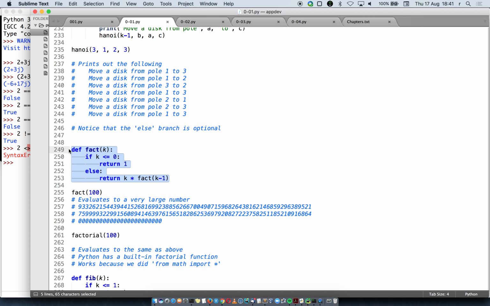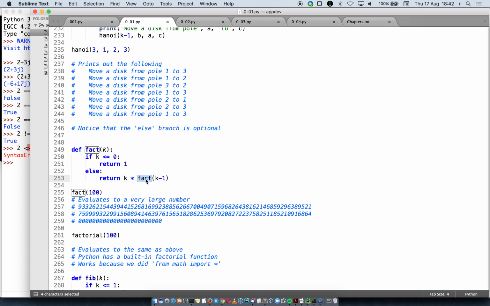We're only interested in values of factorial for positive arguments. Else we return k times factorial of k minus 1. So it is a very simple definition. It computes factorial. Notice that it has a self-reference. The definition of factorial mentions itself inside its own definition. So this is a recursive definition.